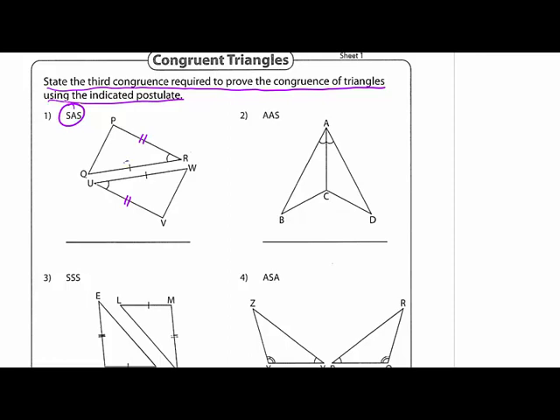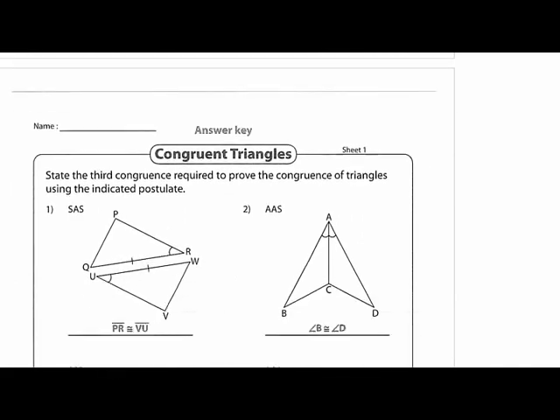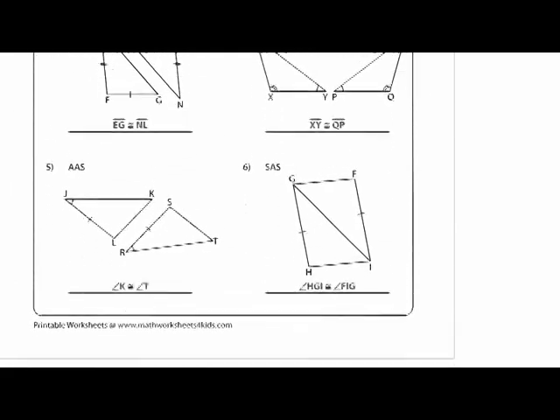We already had the angle and we already had one of the sides. So what we would say here is that QR would need to be congruent to UV. Now you should be able to complete that sheet, but remember that you do have the answers down here.